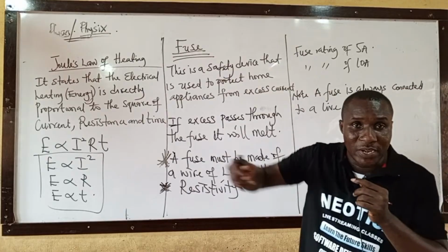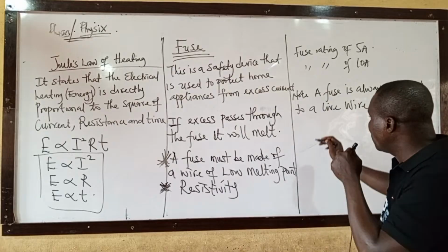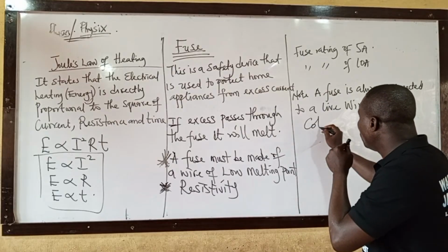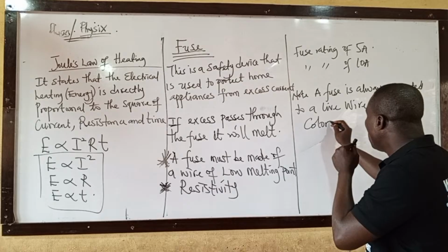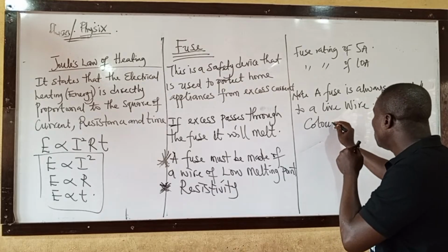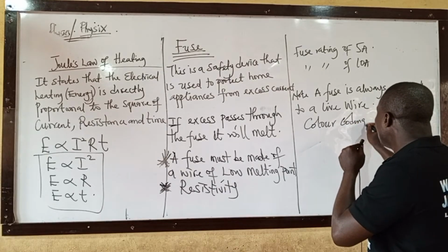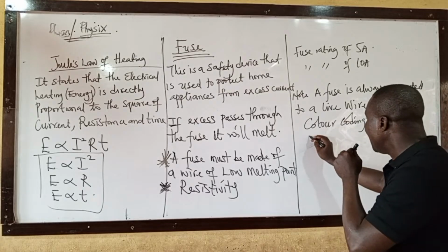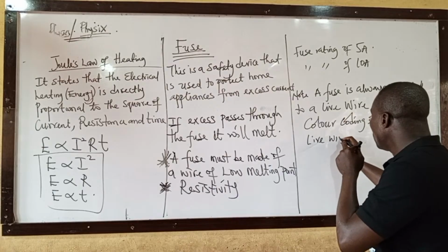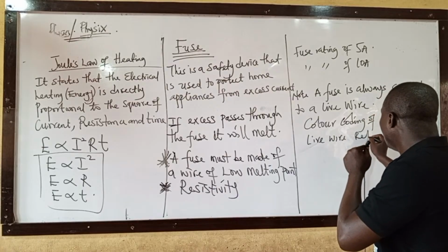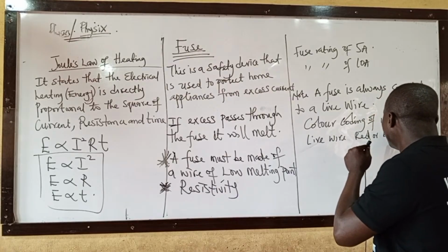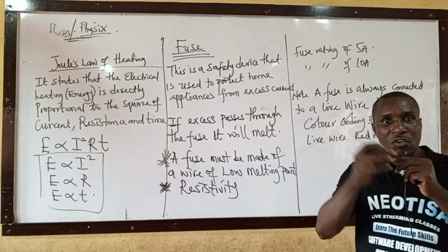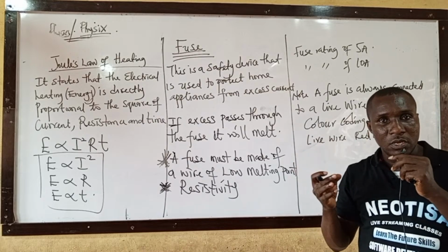A fuse must be connected to a live wire. And let me give you the color coding of wire. Live wire. The color of live wire is red or brown. Live wire takes current from the power source.